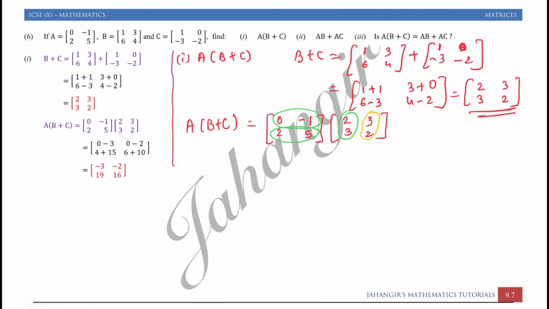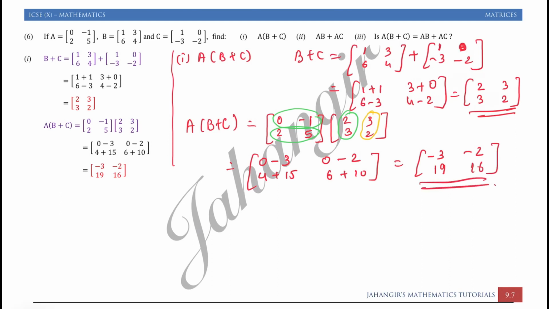So let's start. 0 into 2 is 0, minus 1 into 3 is minus 3, 2 into 2 is 4, plus 5 3s are 15. Then first row second column: 0 into 3 is 0, minus 2, 2 into 3 is 6, plus 10. So here I will get 0 minus 3 is minus 3, 4 plus 15 is 19, then 0 minus 2 is minus 2, and 6 plus 10 is 16. Okay, hope you understood this. This is my first part. Second part is done, back side. So just remember the first question's answer is this.